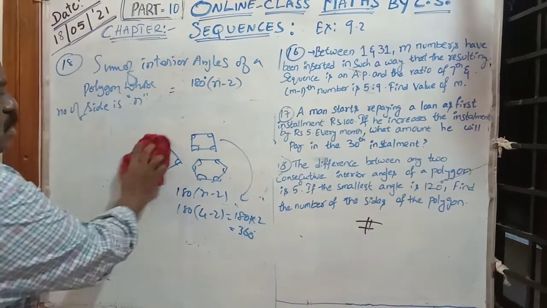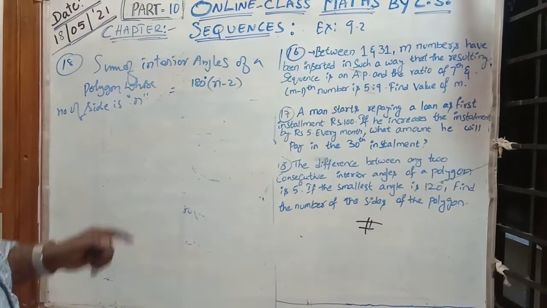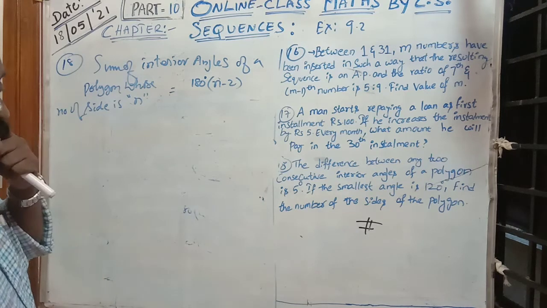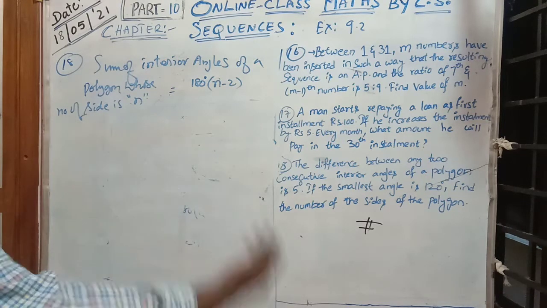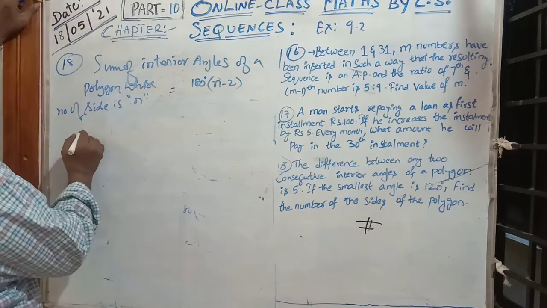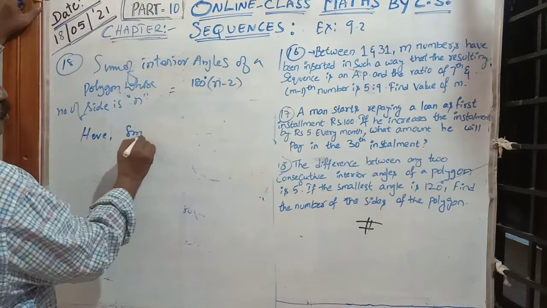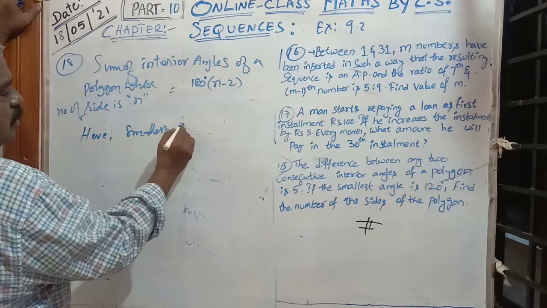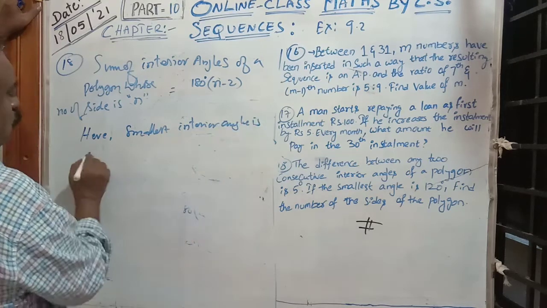But here the very first, the smallest interior angle is 120, and the difference between any two consecutive interior angles is 5 degrees. You see here in the problem, the smallest interior angle is 120.